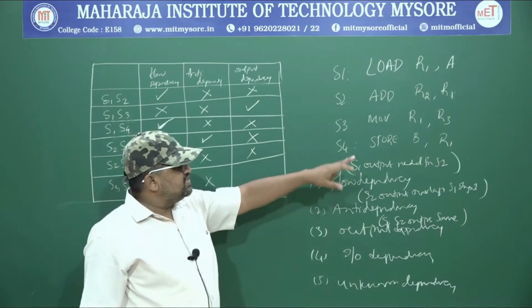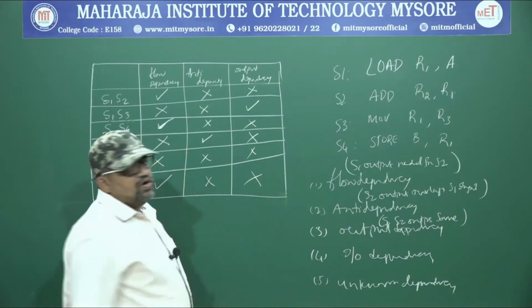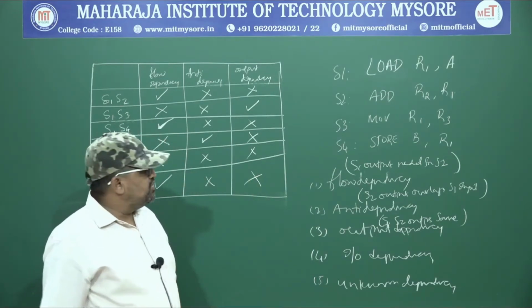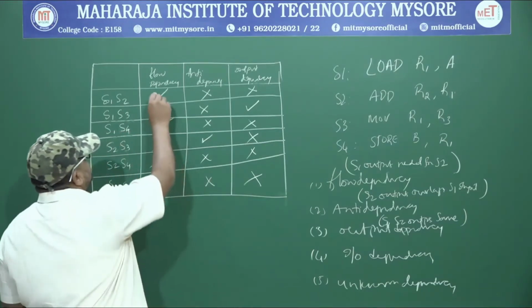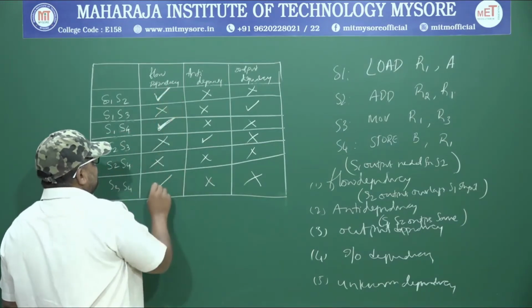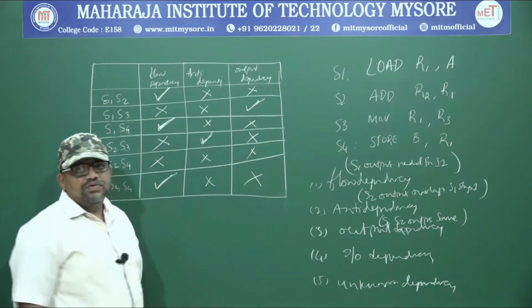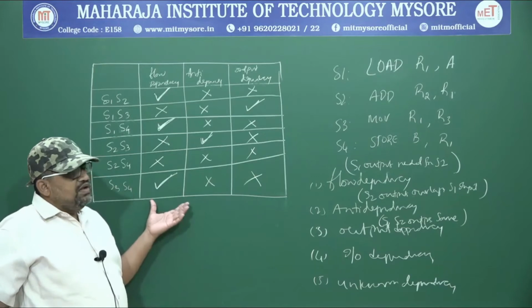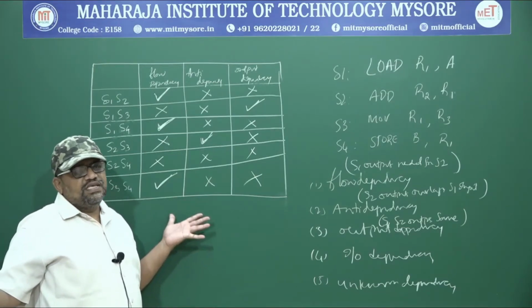It is writing the contents of R1 into a memory location, simply performing a memory operation, so there is no output dependency. So like this I have derived a method. Now from this table, creating a graph becomes very simple and easy.